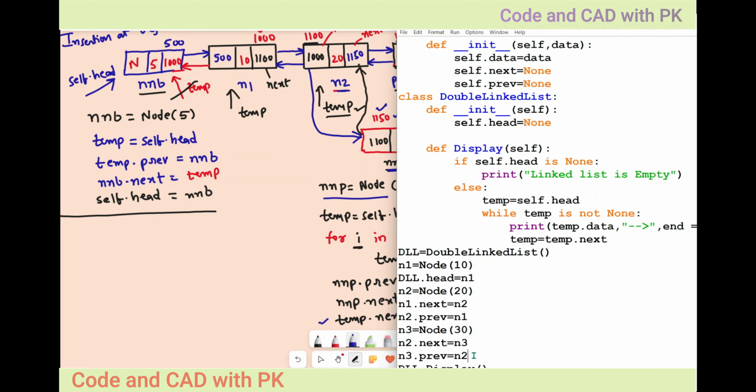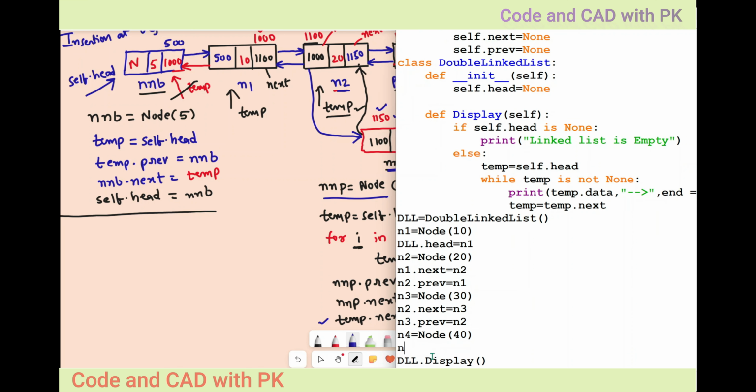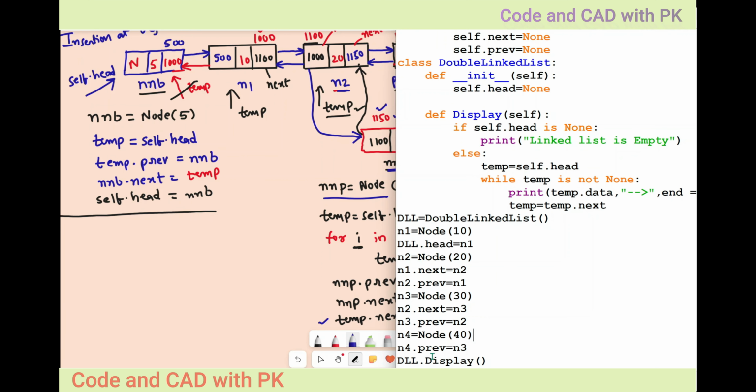So now I am going to create one more node here, n4. Already created nodes n1, n2, n3. Now I am going to create n4. n4 is equal to node of 40. Here n4 dot previous is equal to n3, n3 dot next is equal to n4.